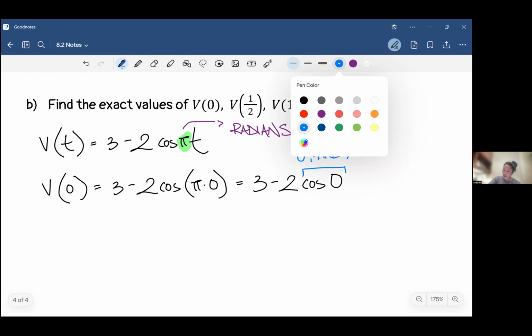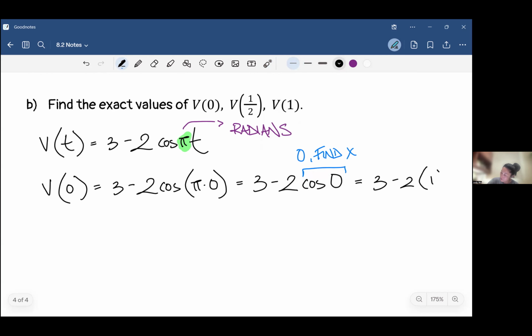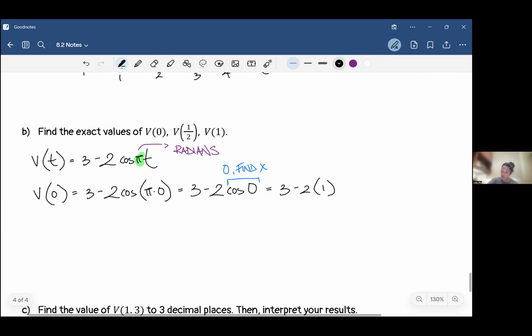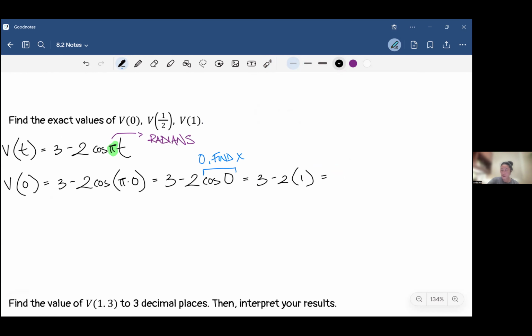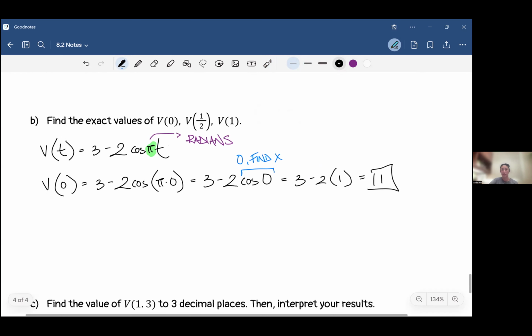And when I do that, I get 3 minus 2 cosine of 0, which is 1, right? In other words, I have 3 minus 2, or I end up with 1. You could also type that into your calculator, but that's a good way to double check, like, do you know how to find the values?